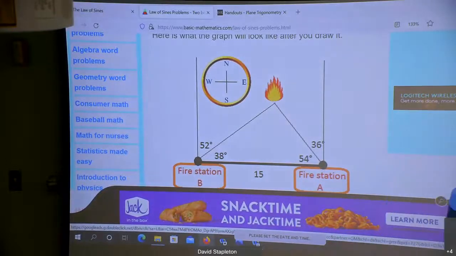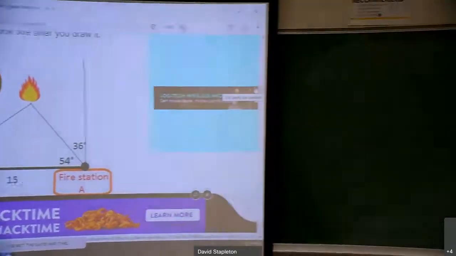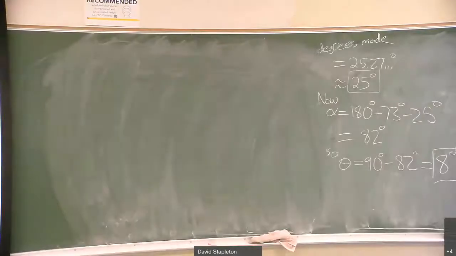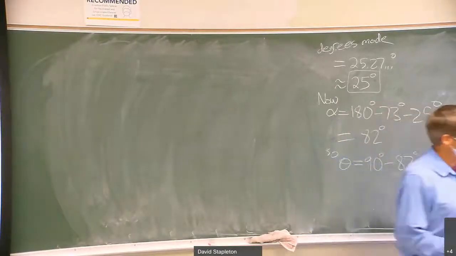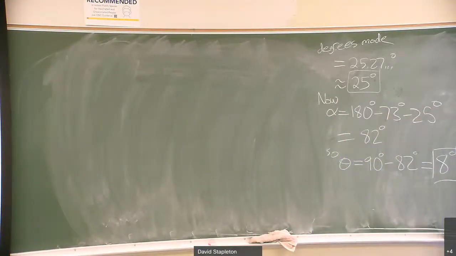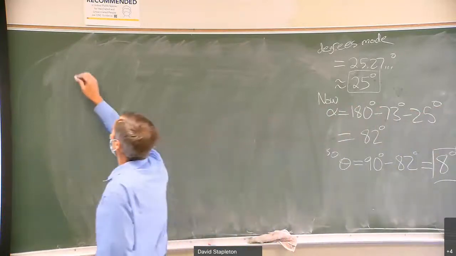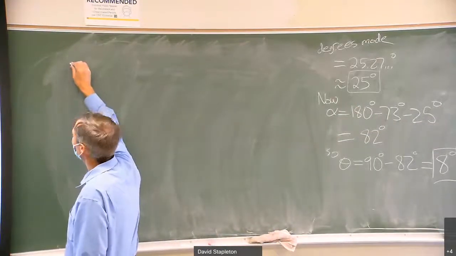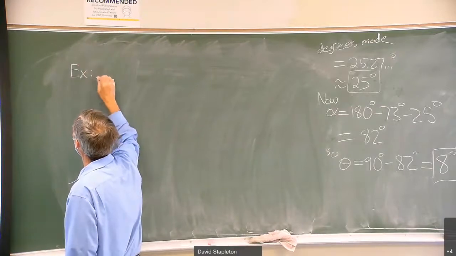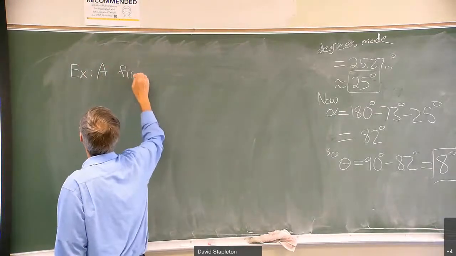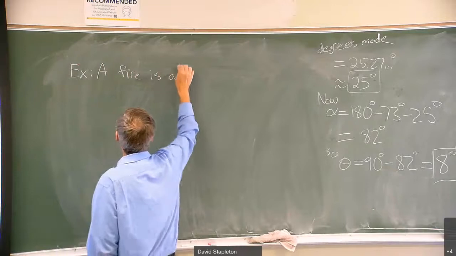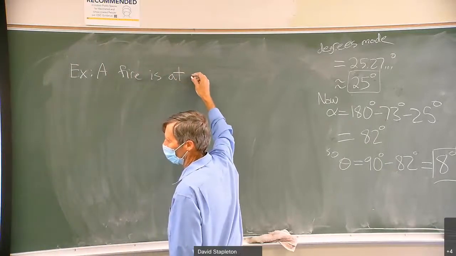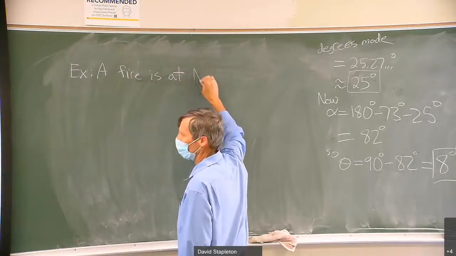So let's see if we can solve that side of the triangle. Let me put this back on the board. For example, a fire is at, the way it's drawn there at least, that sounds backwards from what they said, I don't think so.